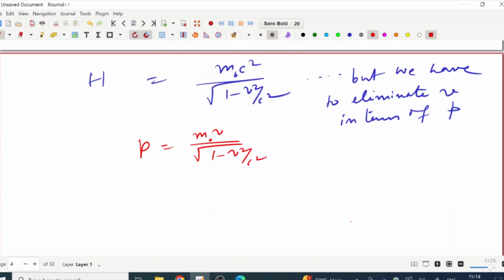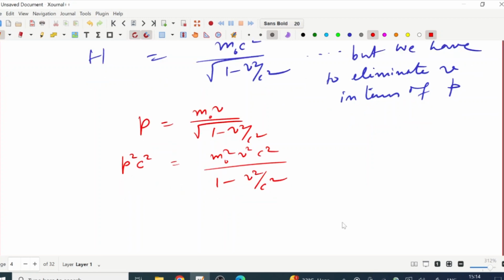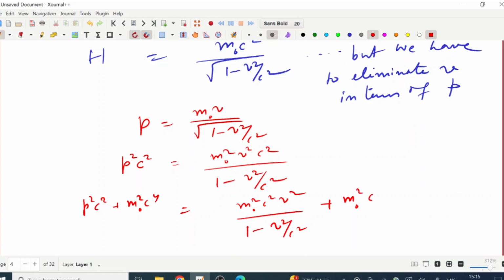So, let us simplify this by squaring and then multiplying with c square. We will get m0 square v square c square divided by 1 minus v square by c square. And now, if we add p square c square plus m0 square c to the power 4, so let me write m0 square c square v square by 1 minus v square by c square plus m0 square c to the power 4.